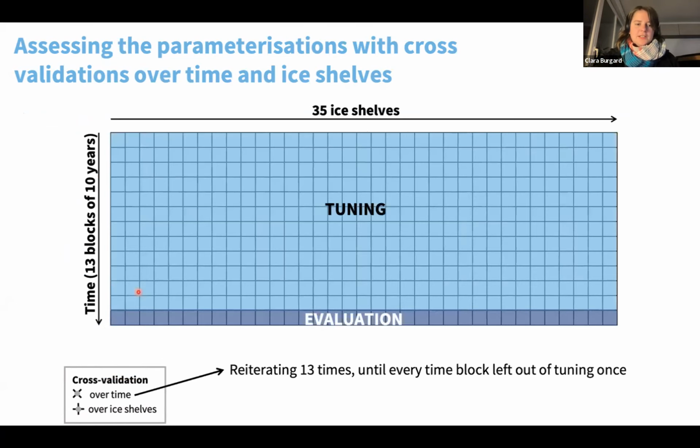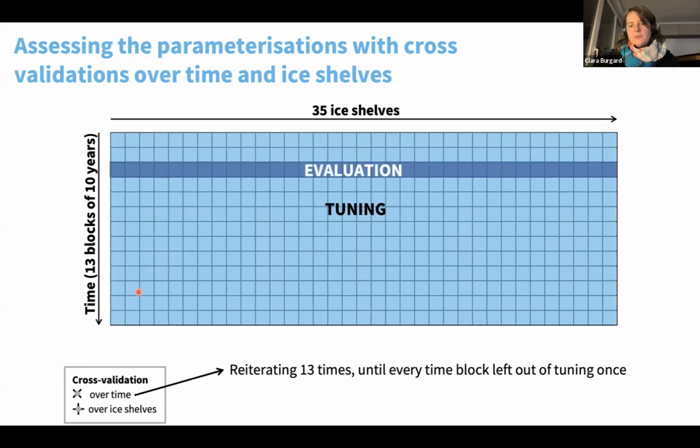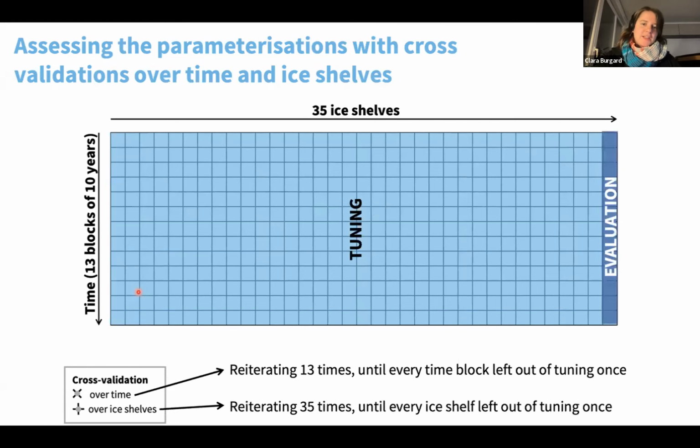And then for the cross-validation over time, we tune over 12 blocks of time, evaluate on the 13th, and then we reiterate this 13 times until every time block was left out of tuning once. We do the same for the ice shelves, so we tune on 34 ice shelves, evaluate on 1, and then we do this 35 times until every ice shelf was left out of tuning once. So this is the methodology of the assessment.